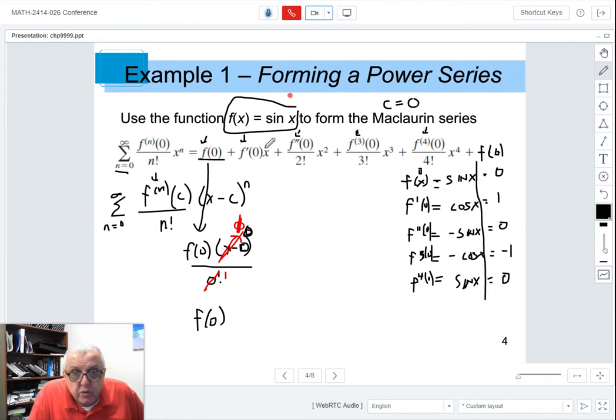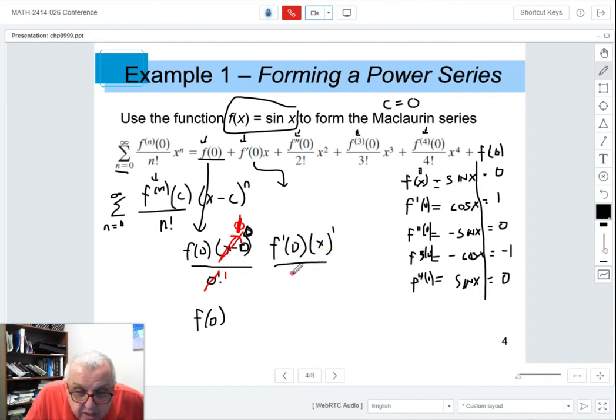Next, we're going to do the same thing, but using the derivative. We're going to use the first derivative of f and put 0 in it. X minus 0, which is just x, to the 1 power divided by 1 factorial, because we're using n equals 1 now.